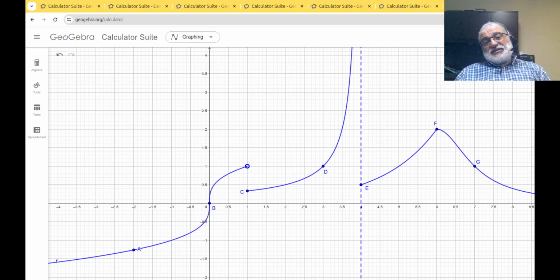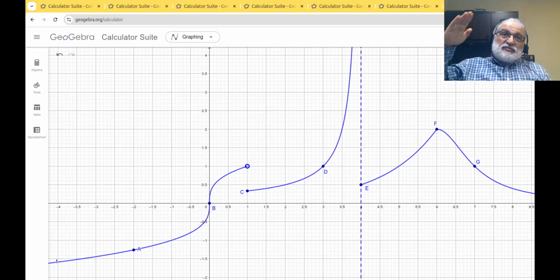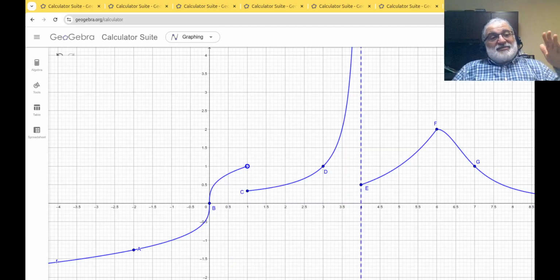So this sudden change in curvature means that the secant line approaching from the right is not the same as the secant line approaching from the left. So the left-sided and right-sided limits are not the same. The function is non-differentiable. The derivative does not exist at point F because of that. How about point G?